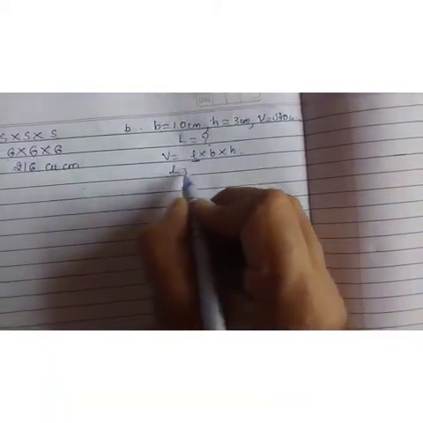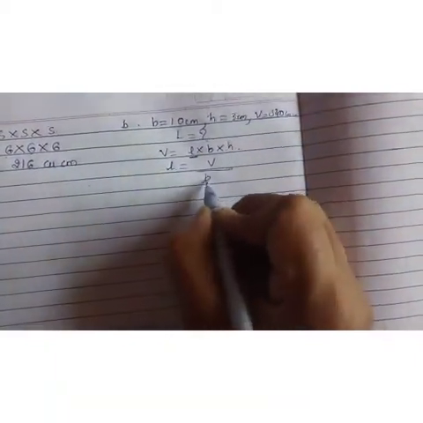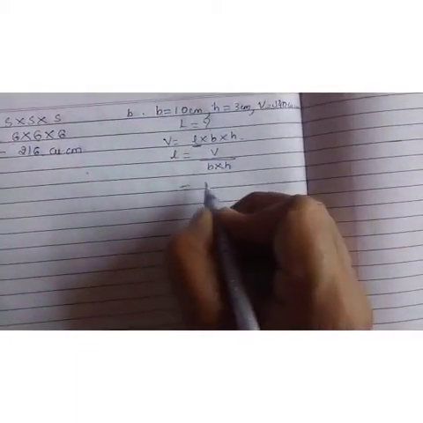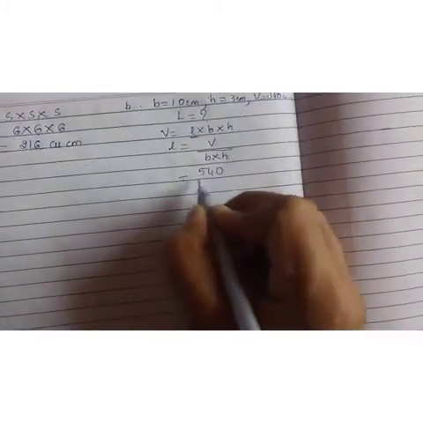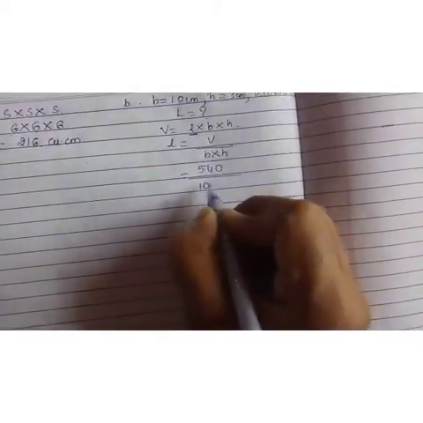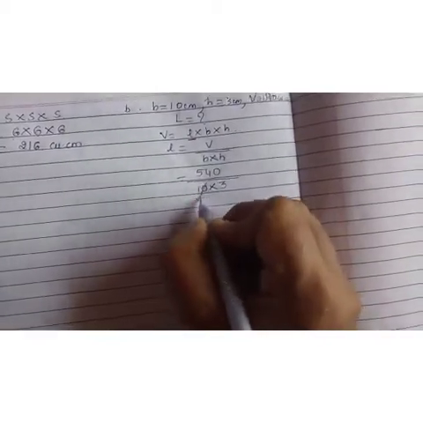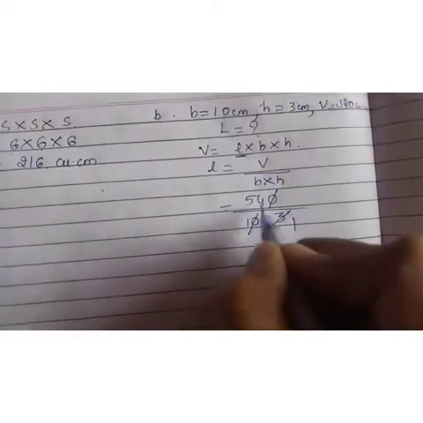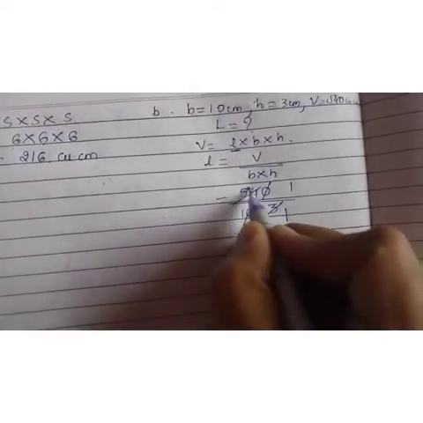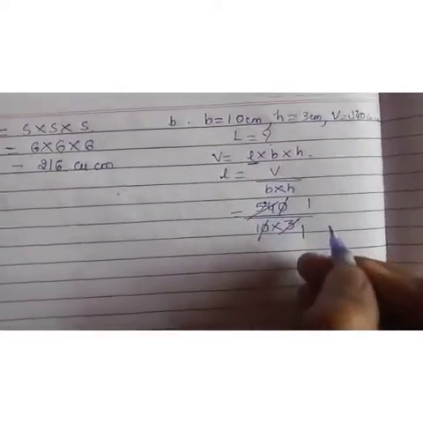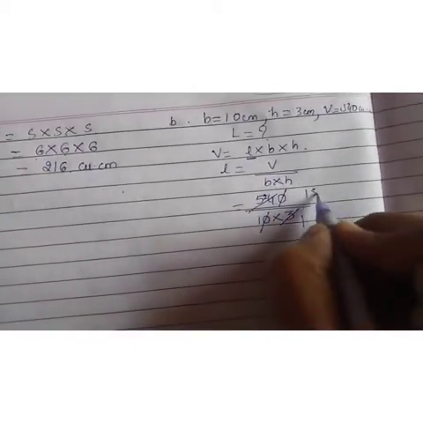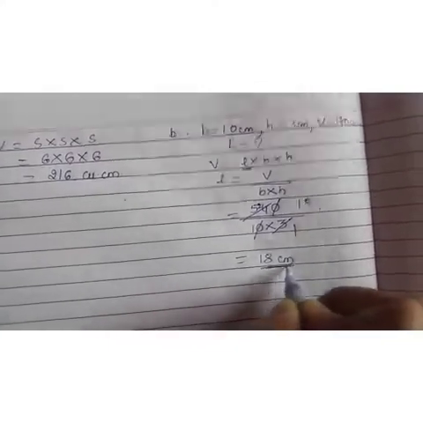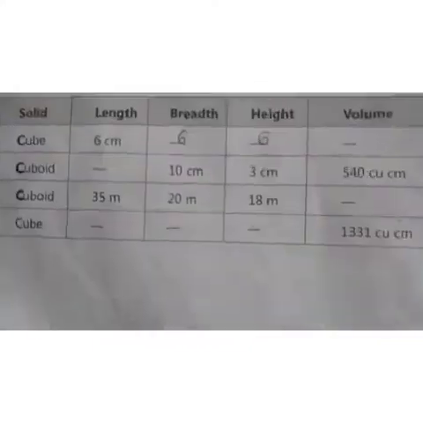So length will be volume divided by breadth into height. Now all are in centimeters. So write 540 divided by 10 into 3. 10 gets cancelled. Next, 3 fives are 15... 3 ones are 3, 3 ones are 3, 2 remainder, 24. 3 how many are 24? 8s are 24. So the answer is 18 centimeters. Is it clear, children?